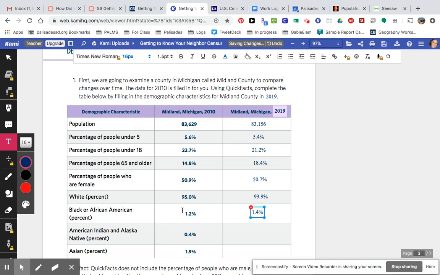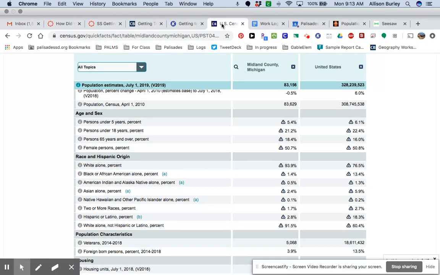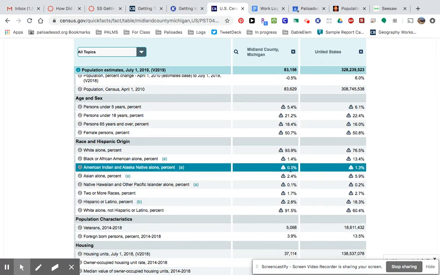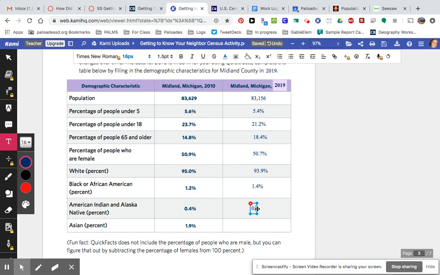Went up just slightly in the past 9 years. American Indian and Alaska Native. Oops, what did I just do? There we go. A half of a percentage, 0.5%. Went up just a little bit.